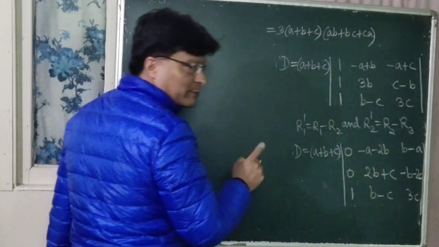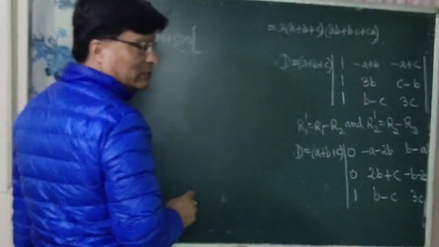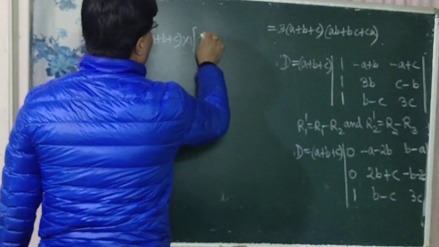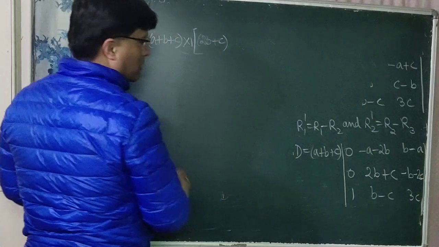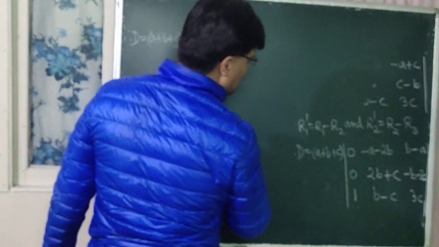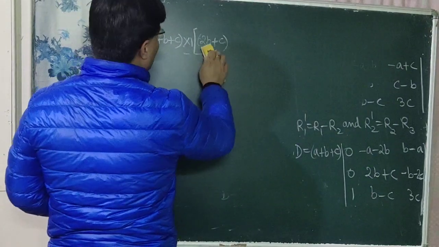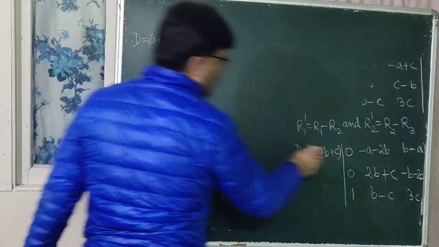So what is the method of expanding it? First of all, multiply minus A minus 2B by minus B minus 2C. Sorry, not 2B plus C. It will be minus A minus 2B.